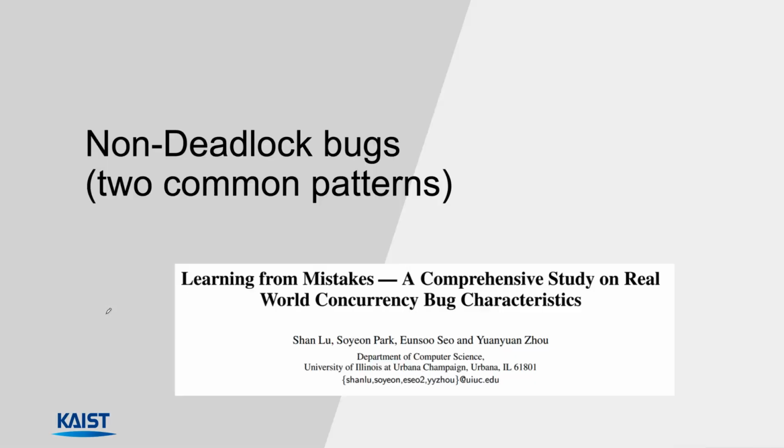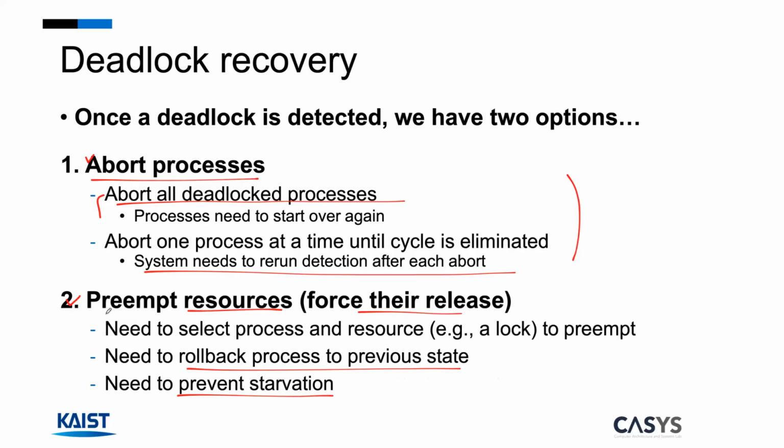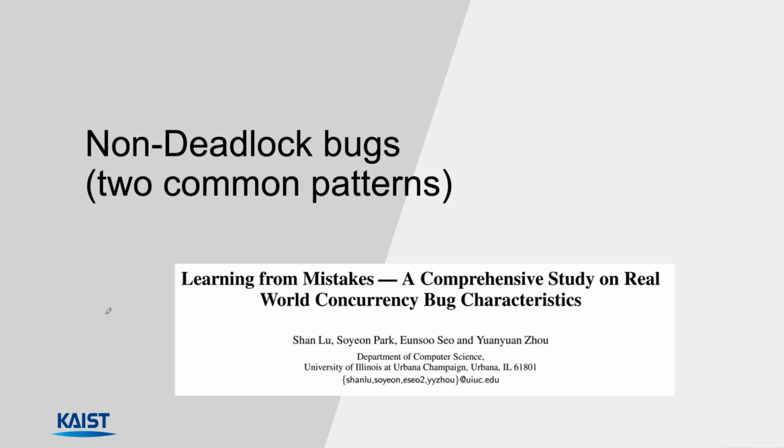All right, so that's about deadlock, and let's talk about non-deadlock bugs. Non-deadlock bugs have two common patterns. There are lots of complicated non-deadlock bug patterns, but 97% of non-deadlock bugs belong to these two patterns.